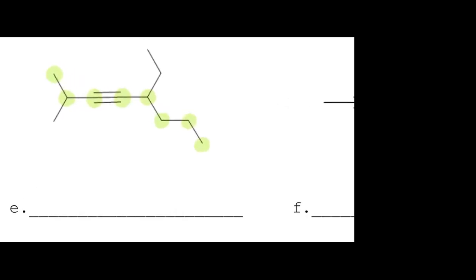If we look at molecule E, it may be a little bit hard to see where my carbon atoms are, and you can see that I highlight them in green. The longest carbon chain in this one is 8, okay?